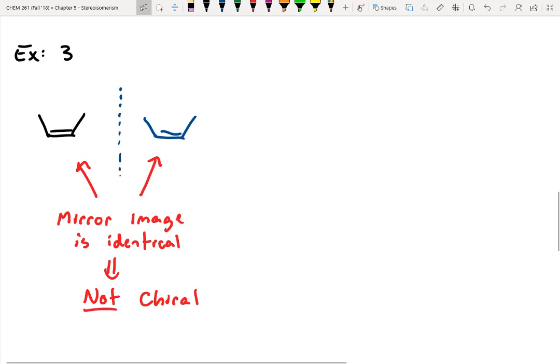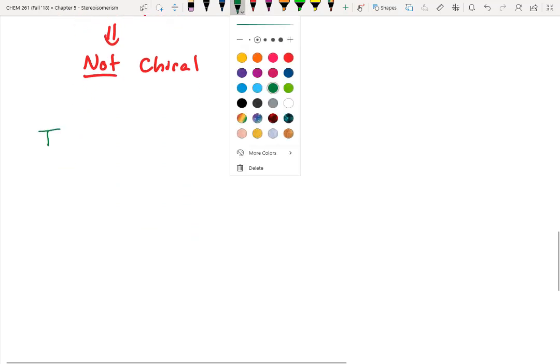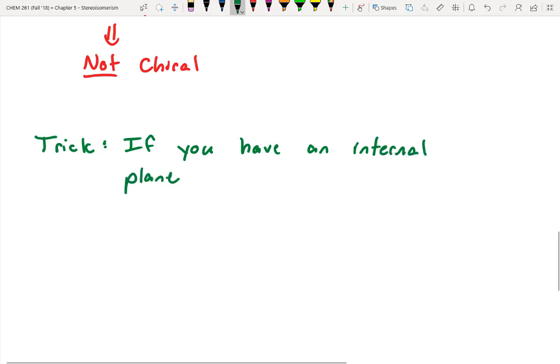I'll show you a good trick though. This trick works pretty well to identify non-chiral compounds, but won't help you always identify chiral compounds. If you have an internal plane of symmetry, you cannot be chiral.